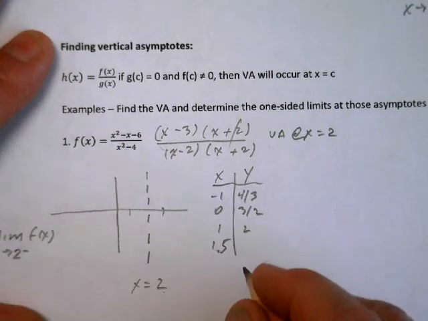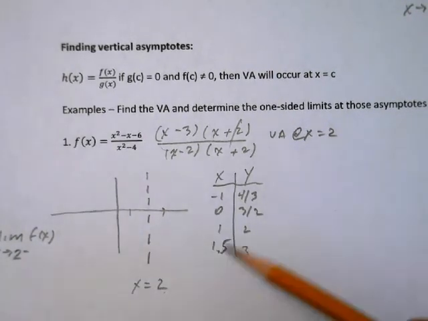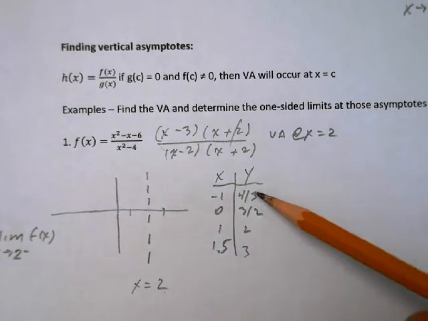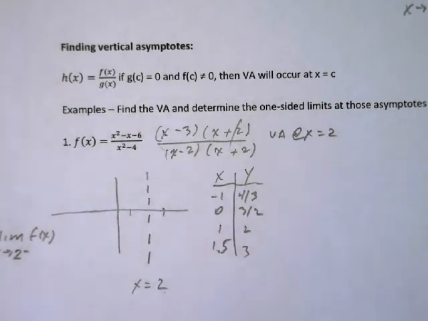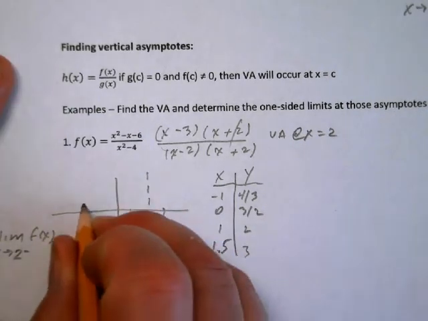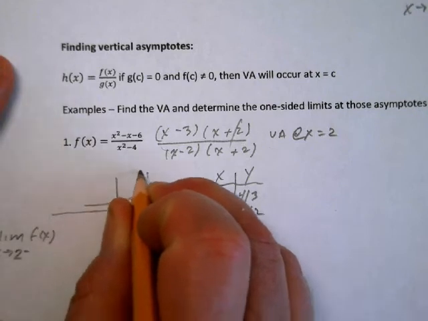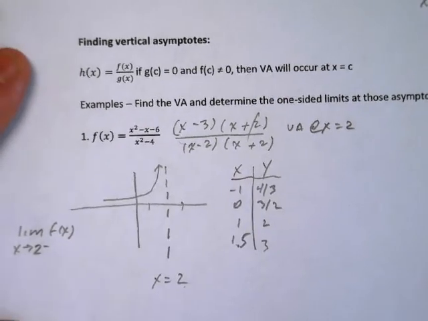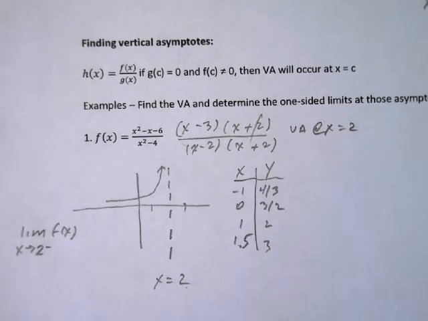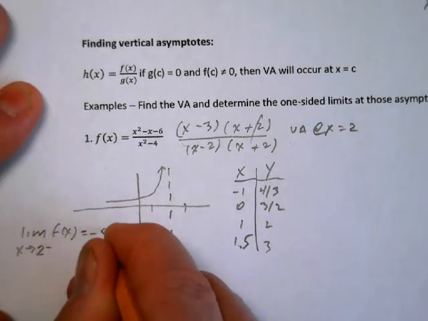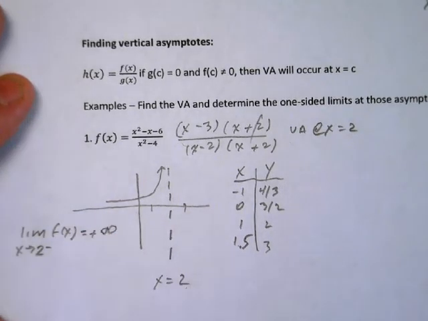If I put in 1, I get 2, and if I put in 1.5, I end up with 3. So as you increase the value of the x's, the y values also increase. So what that tells me is that the left side is going to look like this. So as the function approaches 2 from the left, f of x is going to approach positive infinity.